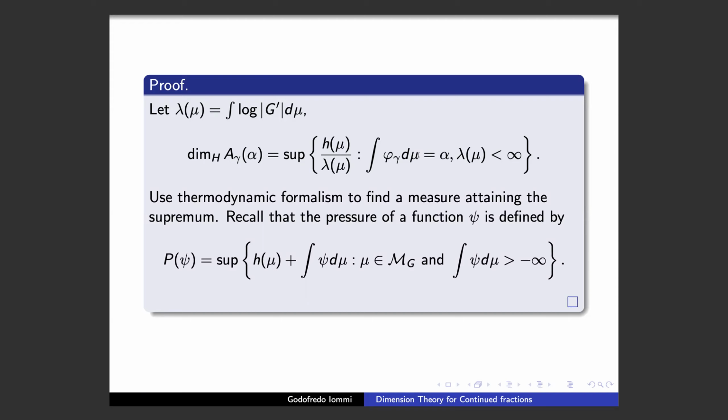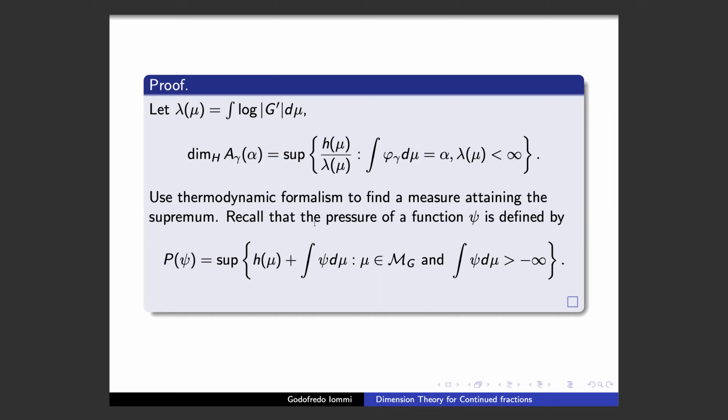The pressure of a potential is the supremum of the entropy plus the integral of that function, where the measures run over all invariant measures such that you include this non-minus infinity condition, so as to avoid problems such as infinity minus infinity in the sum. So that's the pressure function.